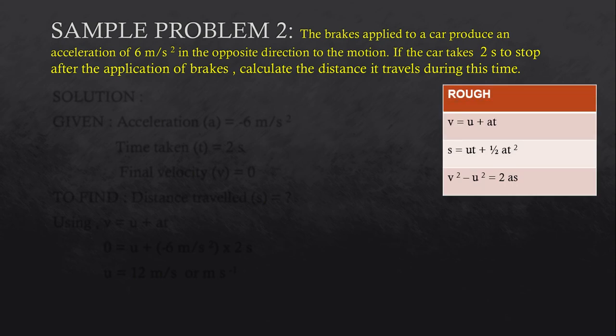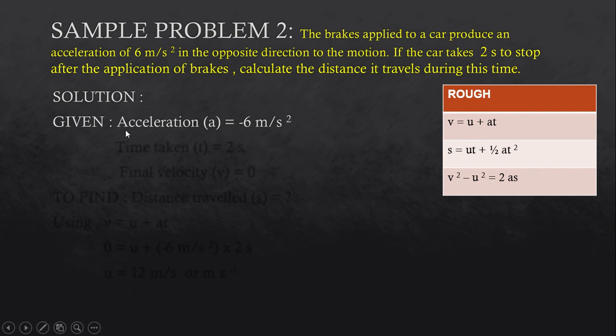And as you were told to write all three equations of motion in your rough column, let us write them and then start noting down the given. So the very first one is acceleration. The brakes applied to a car produce an acceleration of 6 meter per second square. You can see it is given here.